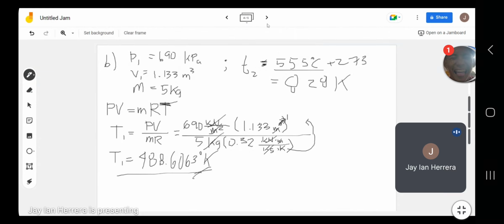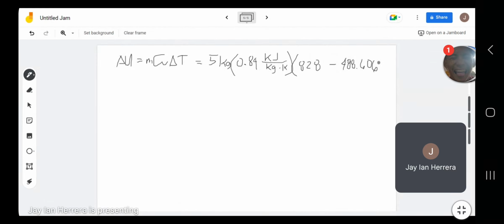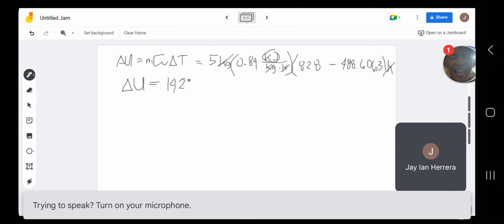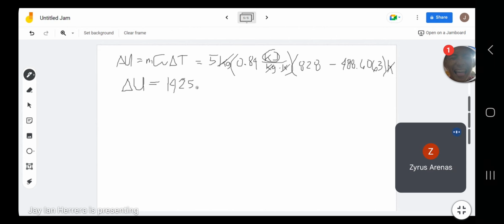That is 339.4 Kelvin. So, by unit analysis, kilogram and Kelvin cancel. That is kilojoule, a unit for energy. Then our change in internal energy is 1425.4535 kilojoule.